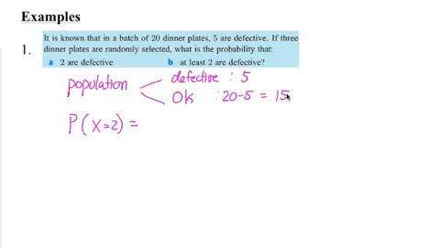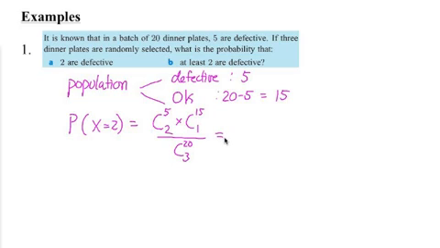So the probability of selecting 2 of the defective plates when taking 3, I can set up the following expression of combinations. Let's take the defective first. What's the probability that I'm going to choose 2 of the defective out of 5, which leaves me with the combination of choosing 1 of the okay plates out of 15. And again, we have to divide this by the total number of combinations, which is 3 out of 20.